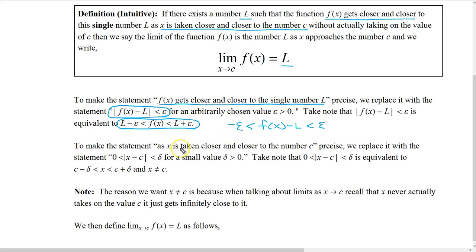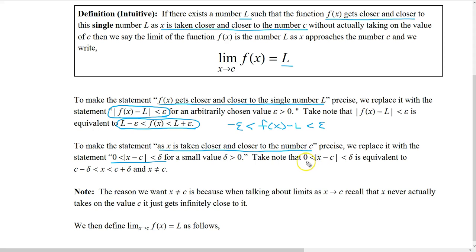Now, we also have to replace the statement "as x is taken closer and closer to the number c." We replace that with this statement. The absolute value of x minus c is less than delta, for some small number delta that's also positive, greater than 0.